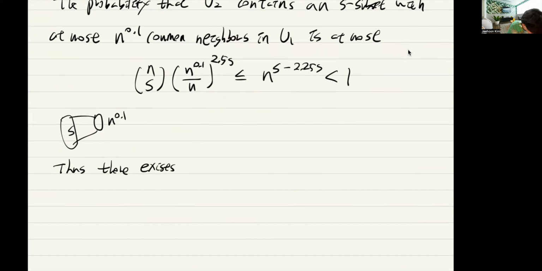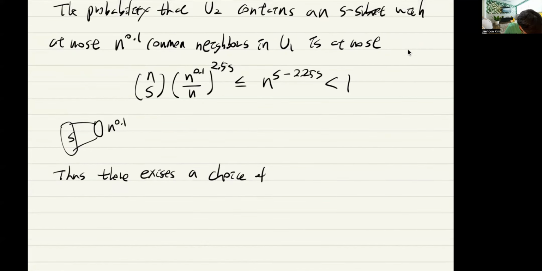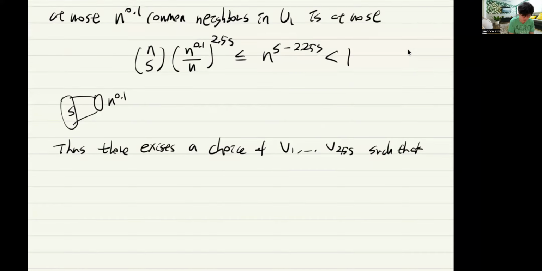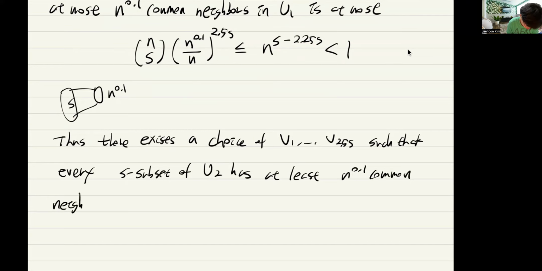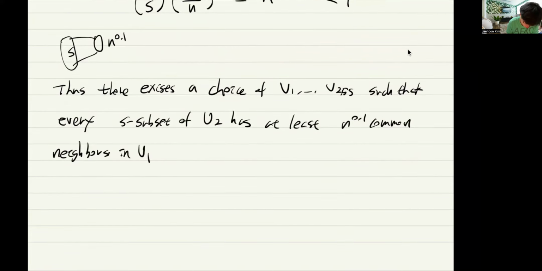There exists a choice of B1 to B2.5s such that every s subset of U2 has at least n to the 0.1 common neighbors in U1.